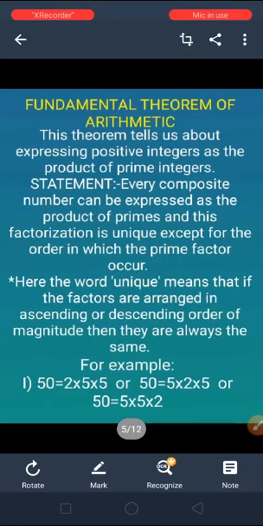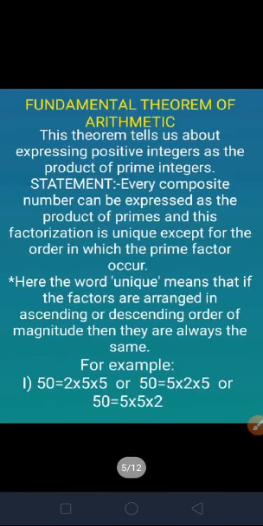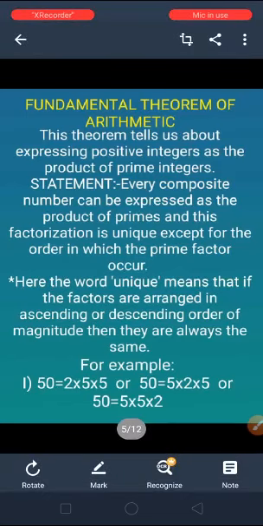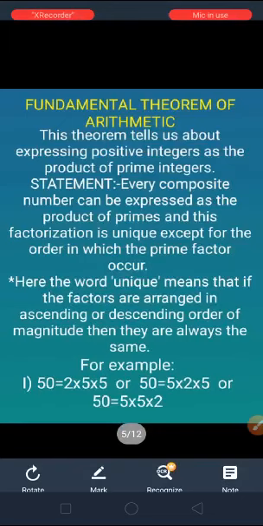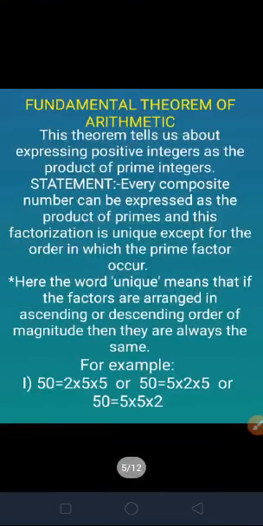We take the number 50. When we factorize it into its prime factors, then 50 is equal to 2 into 5 into 5. 2 into 5 is 10, into 5 is 50. Or 50 can also be written as 5 into 2 into 5. Or this can also be written as 5 into 5, which is 25, into 2, that is 50.